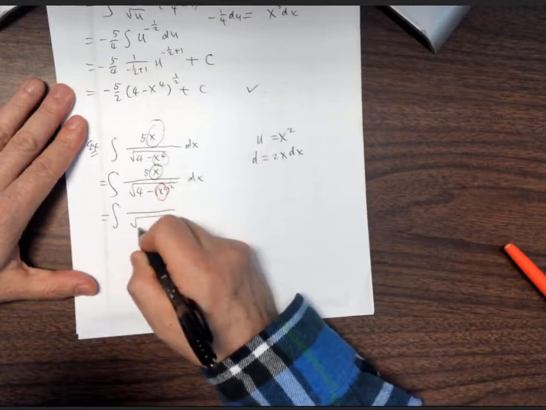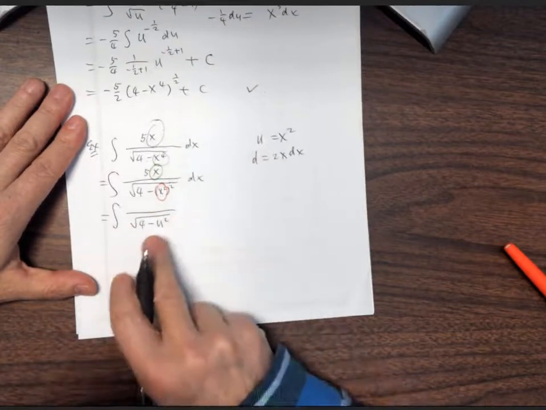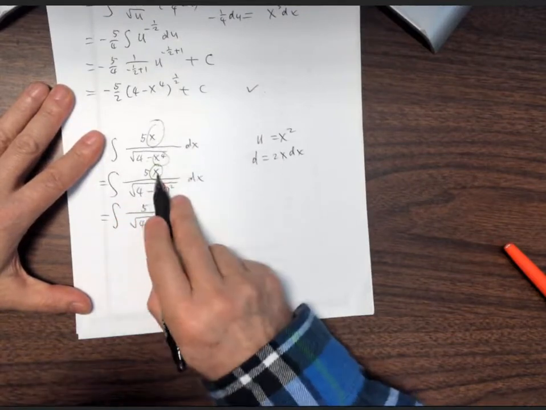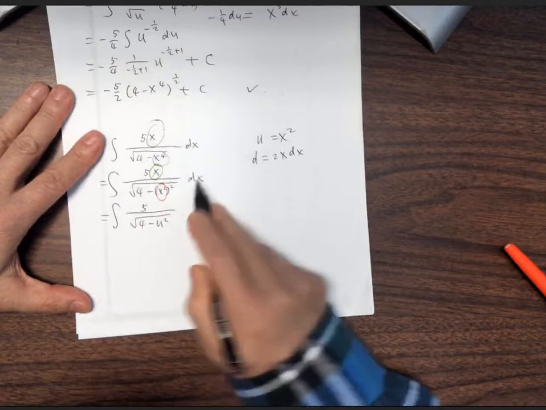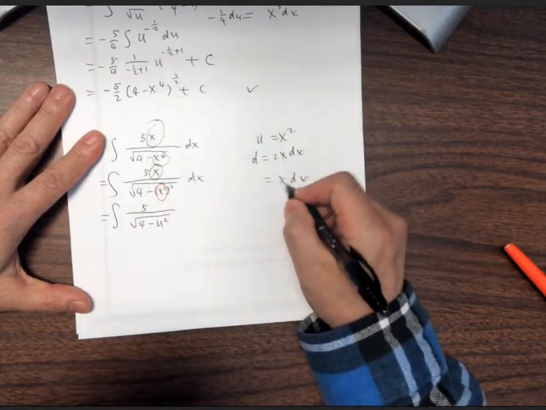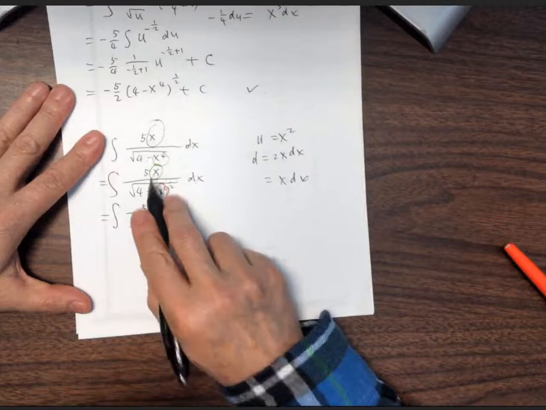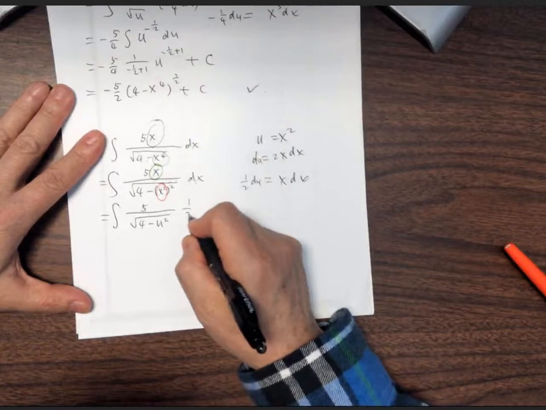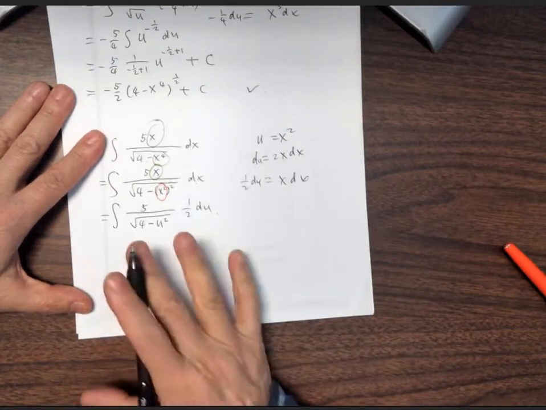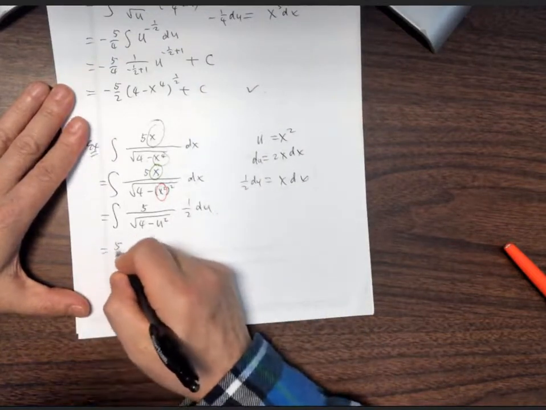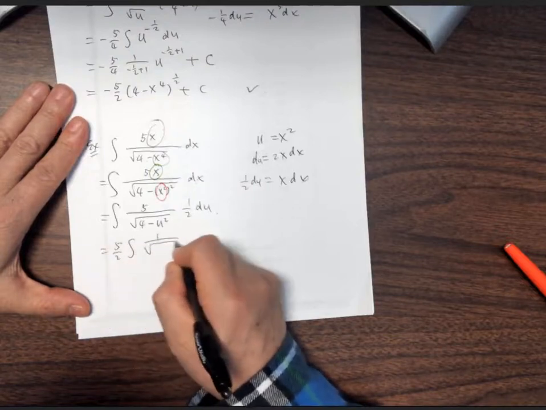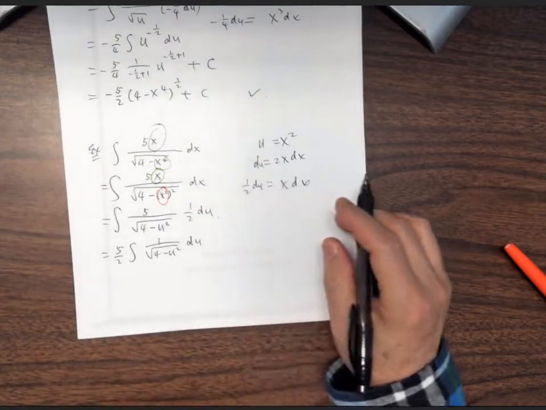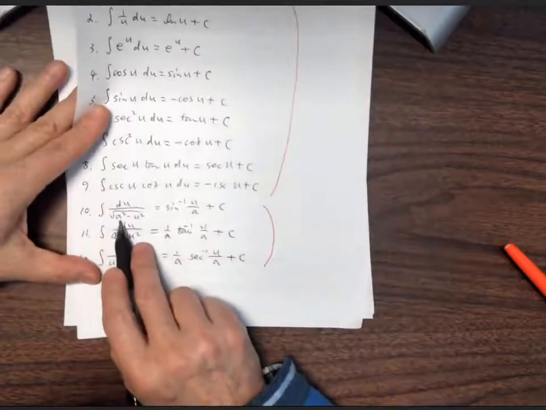The integral becomes on the bottom 4 minus u squared that we want. The 5 copy down, and then x and the dx together. This is the supporting factor we actually have. So half du, with the constant all pulled to the front. So we see an exact integral like this.